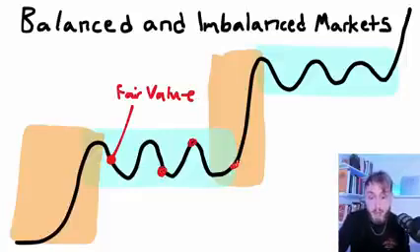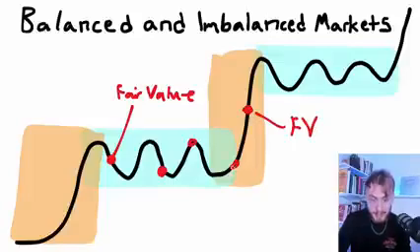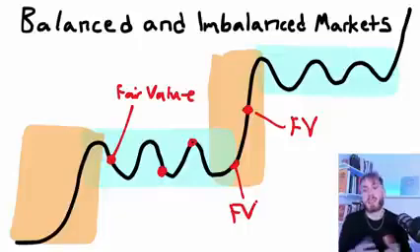So it doesn't matter where we are in the market, if we are in a balanced or imbalanced market, all of these red dots here are the fair value. But as I said, don't worry if this sounds complicated right now. It will get more and more clear throughout the course.